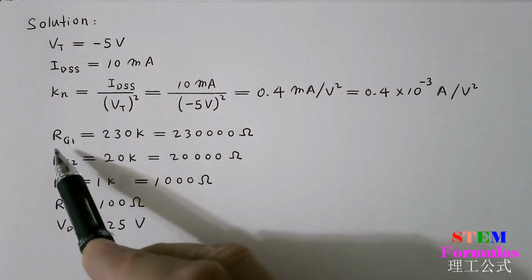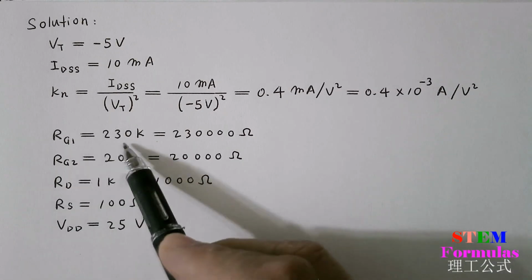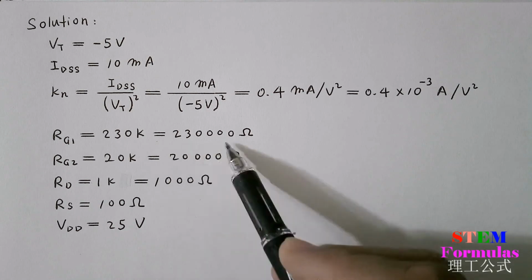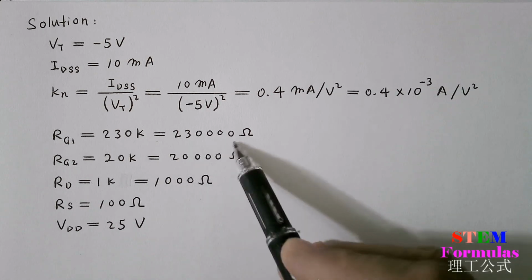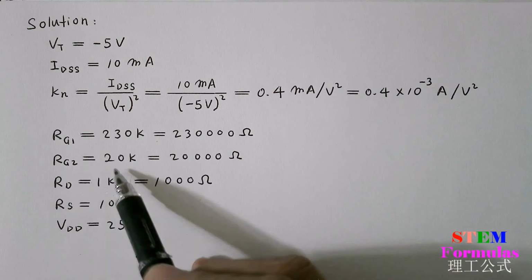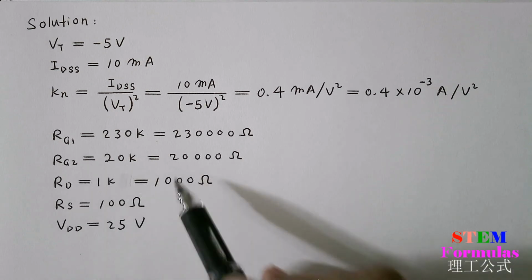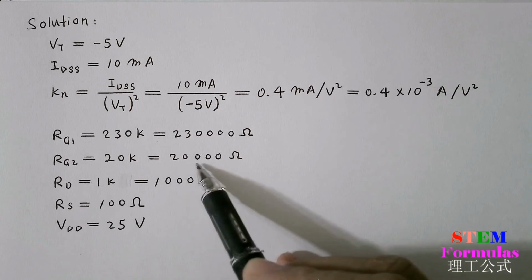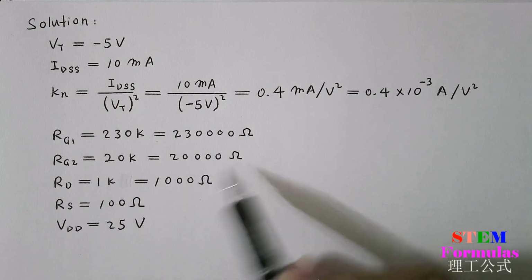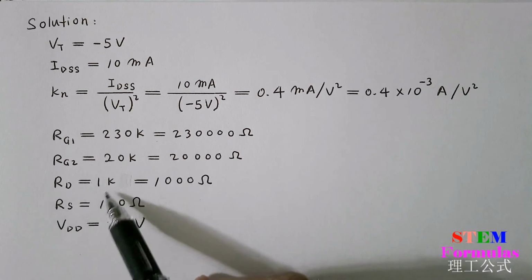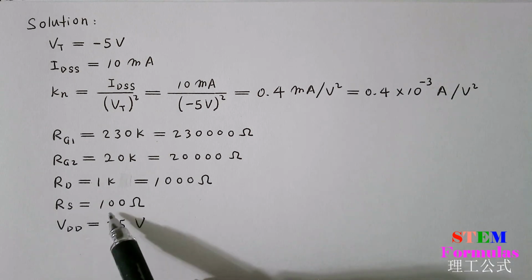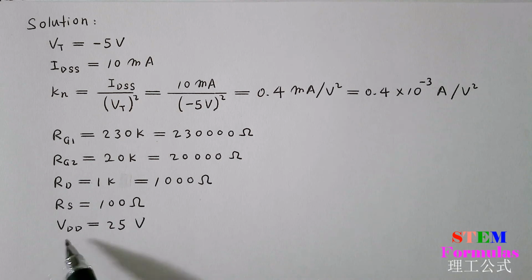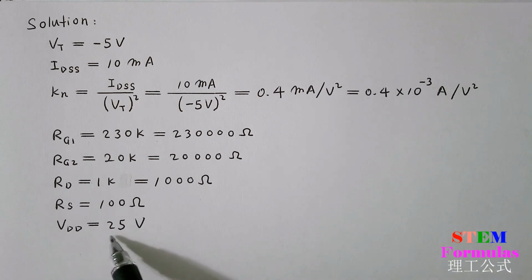And resistors RG1 230 kilo ohm, we change to ohm, 230,000 ohm. RG2 is 20k, we change to 20,000 ohm. RD is 1K equal 1000 ohm, RS 100 ohm, and VDD equal 25 volts.